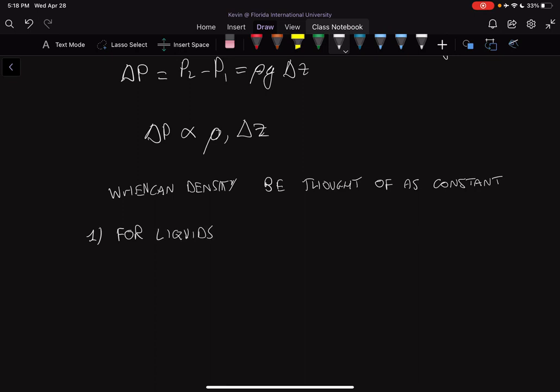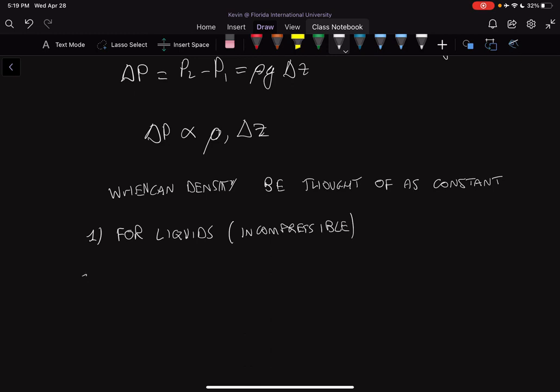And the reason why is because liquids are usually incompressible. It takes a huge amount of force to make a liquid compressible. So liquids are usually incompressible. If you try to compress water in its liquid form, it's going to be very hard to do. You can change the shape of water, but it's very hard to compress.